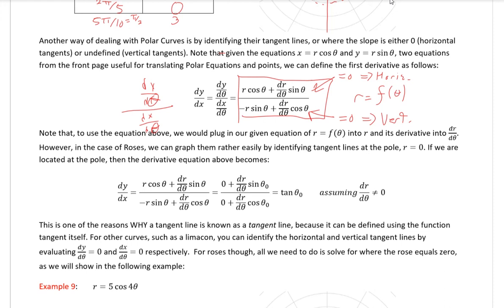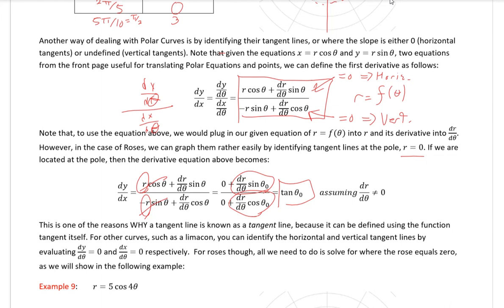However, in what we were just working with roses, we know the tangent lines are going to show up where r equals 0. Which means if we plug in r as 0, these pieces cancel. You just have dr d theta times sine of whatever the angle measure is over dr d theta times cosine, and sine over cosine is just tangent. So at that point of r equals 0, the derivative is just tangent of theta.